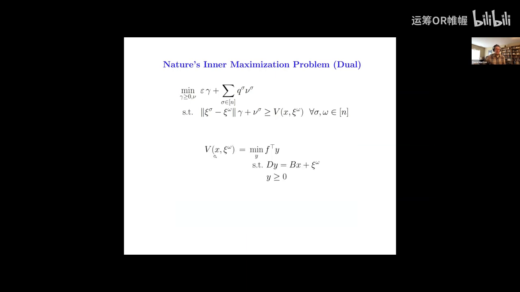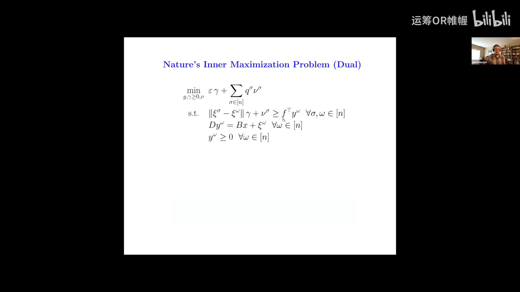Okay, so if we have the two-stage stochastic LP, then the value function is given by this LP. So I'm just going to plug in for that V here. I plugged in for that V, that's the second stage cost. I just plugged in for the dynamics of the first stage decision X and the second stage decision Y. For the moment, we're still just looking at nature's inner problem.